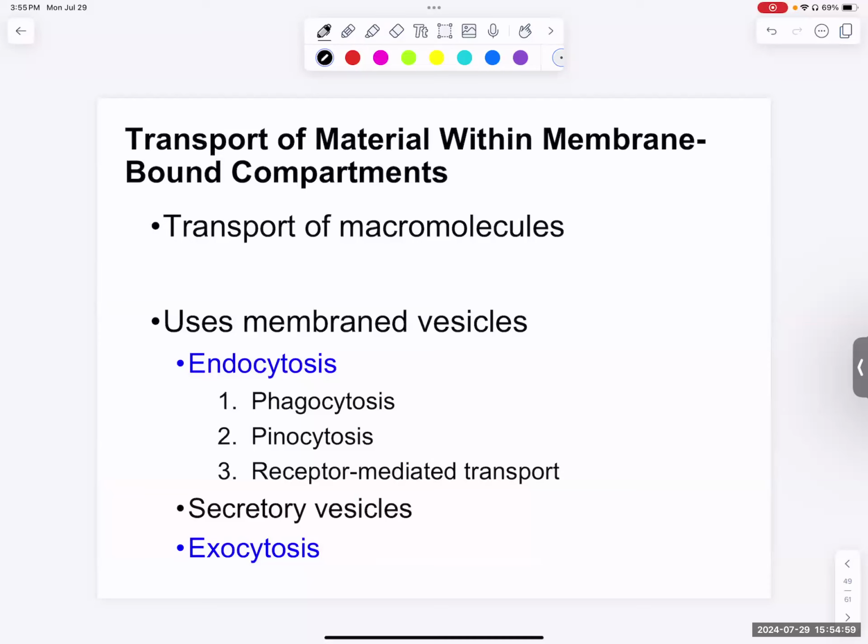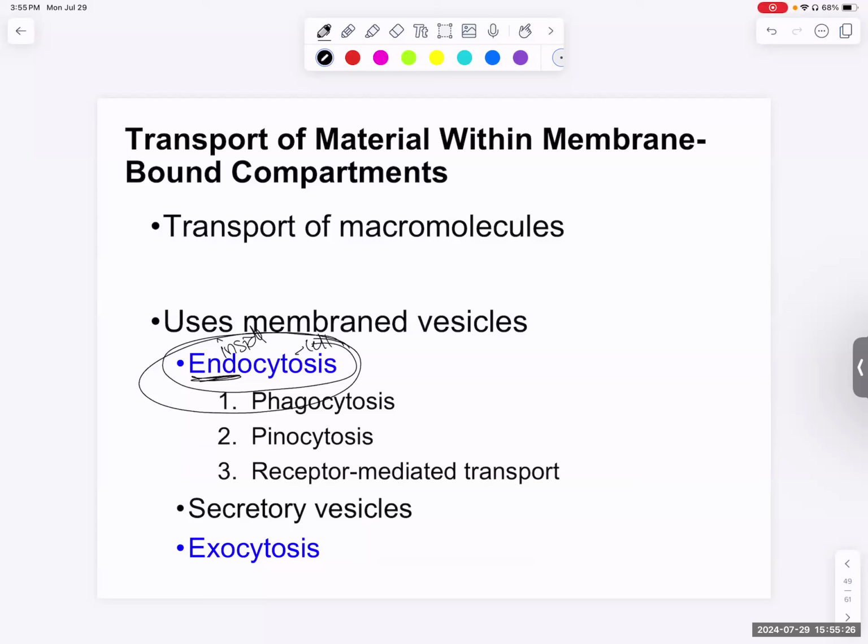All right, last thing. Transport of big molecules requires vesicles to help them across the cell membrane. Can't rely on protein channels or anything like that. And so these vesicles, if it's bringing something inside the cell, endo means inside. And so endocytosis, cytosis is cell.